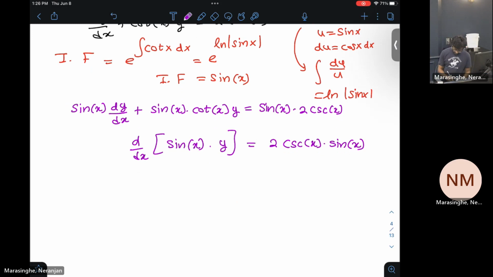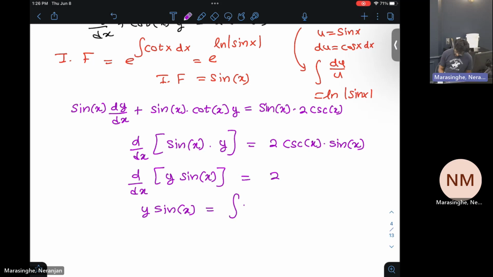So the derivative of y times sine of x is equal to 2. And what can I say about y times sine x? It is equal to the integral of 2 dx plus the arbitrary constant, which is equal to 2 times x plus c.